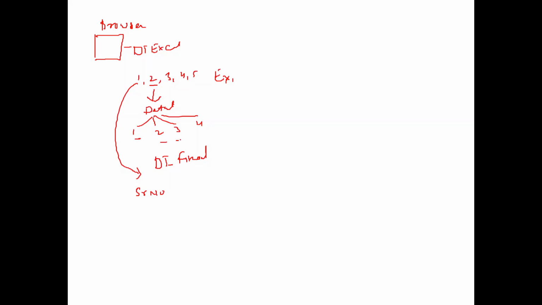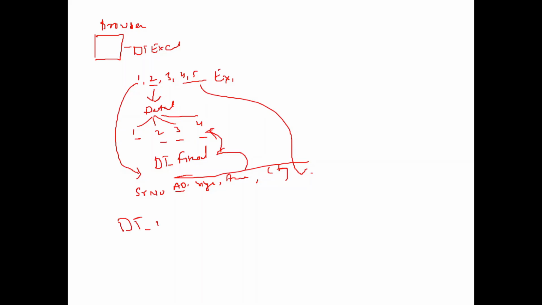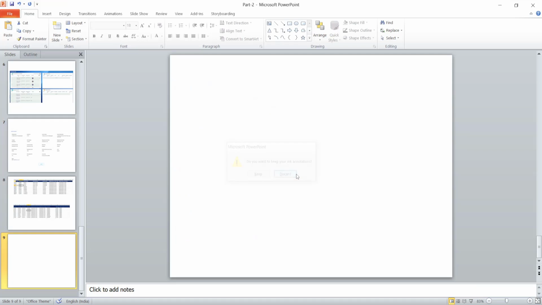Then the second, third and fourth come from the detail table: auction ID, size, area, city, the 4 fields from the detail table which we filtered out. The rest of the 2 details come from the extracted table. Now we have the dt underscore final table, and we will use this table to save in the Excel file.